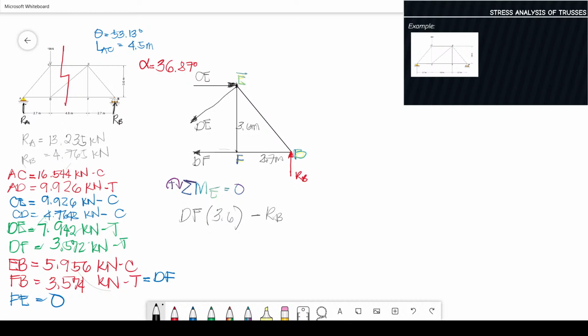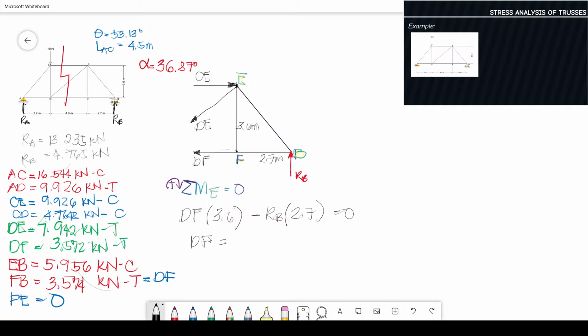RB is counterclockwise, times 2.7, equals to 0. So we have the value of RB. Of course, at the very beginning we already computed the reactions. So RB is given, so we can find the value of DF, which is DF equals RB times 2.7 over 3.6.